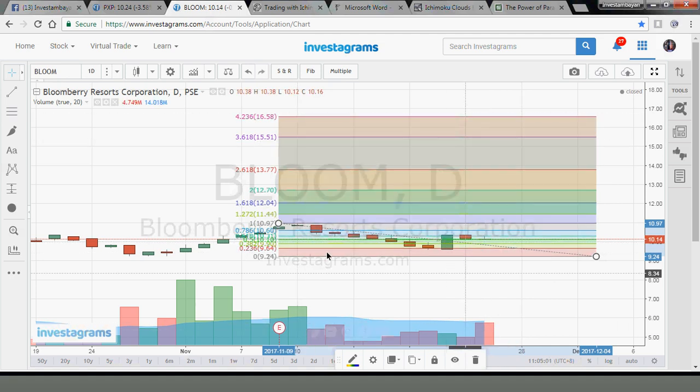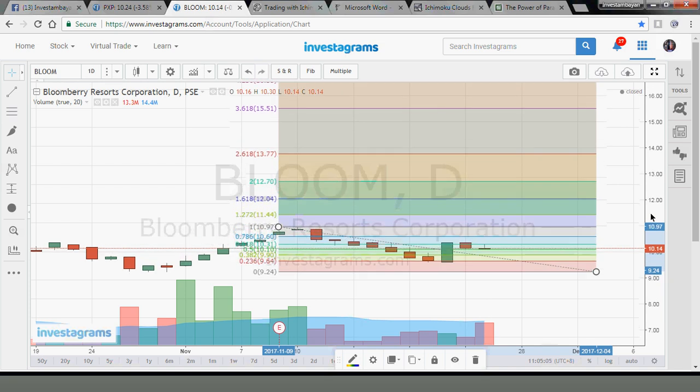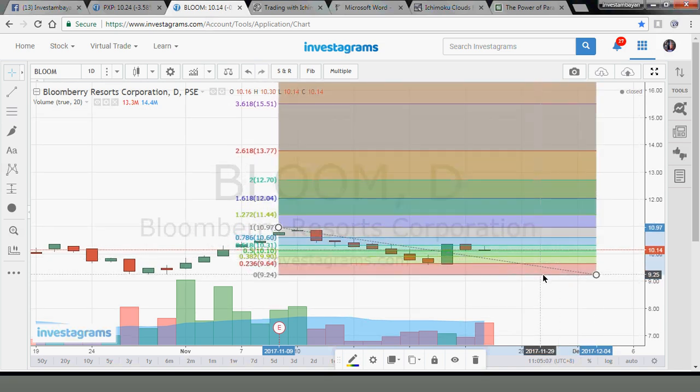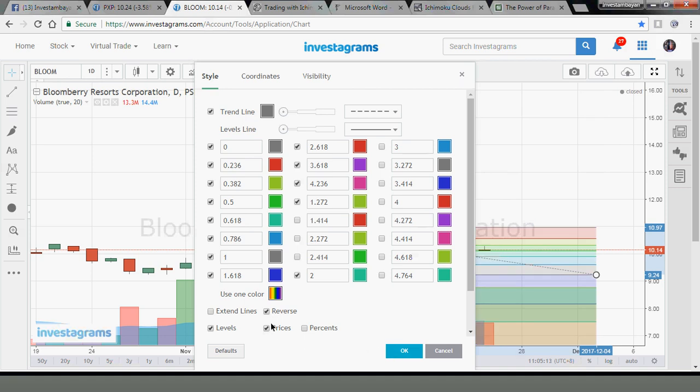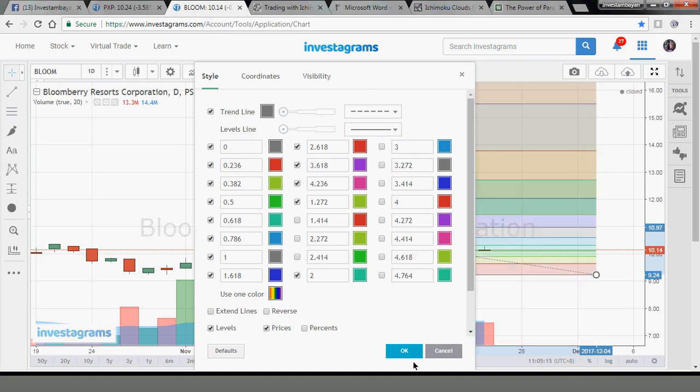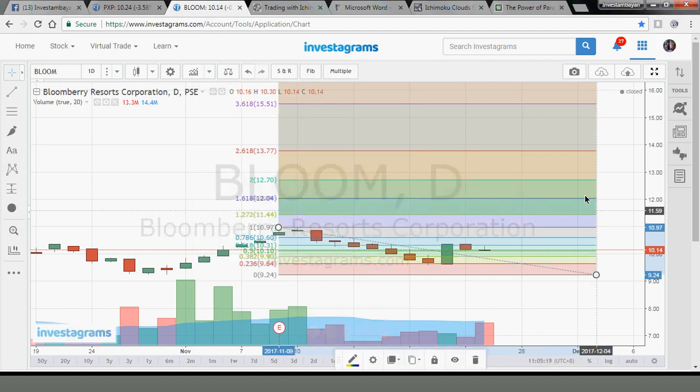Ang gagawin mo, simple. Click that. Reverse mo siya. Click mo yung reverse. Mali pala yun. Naka-reverse na pala ito, naka-extend na pala ito.